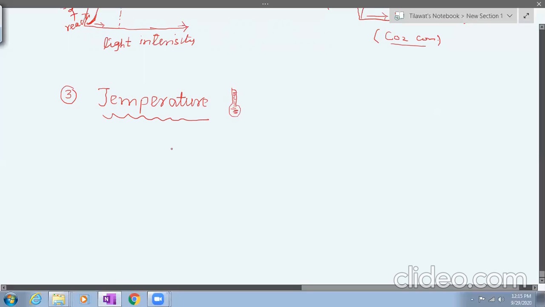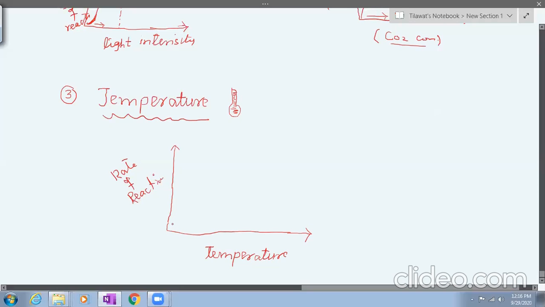Let's see. On one side, temperature, again, is under your control. So you will mention temperature here on the x-axis. All right. And on the y-axis, write the rate of reaction, or rate of photosynthesis.